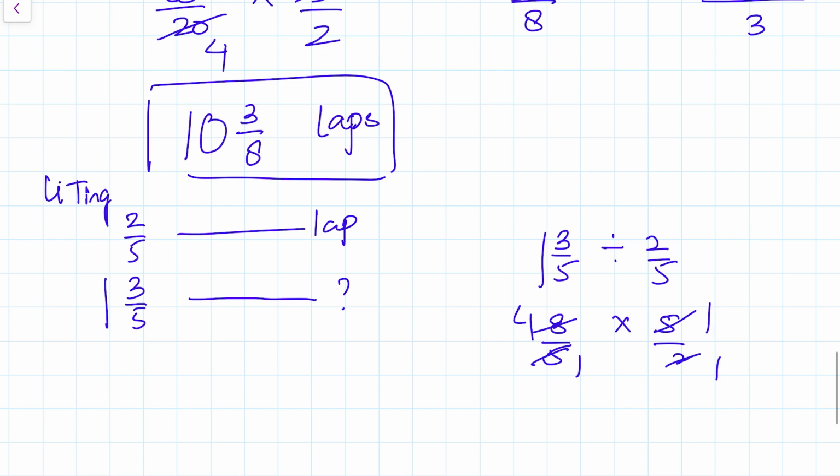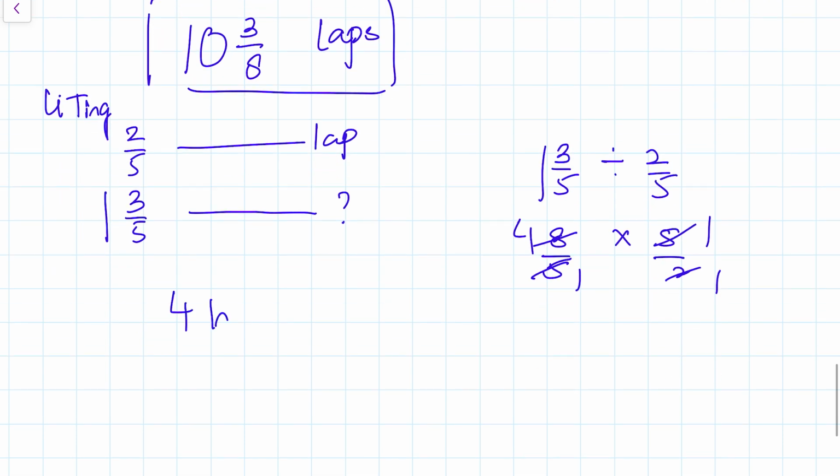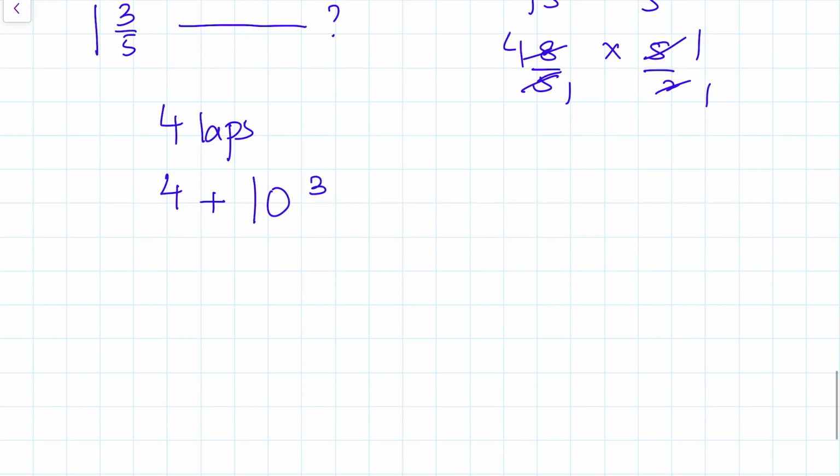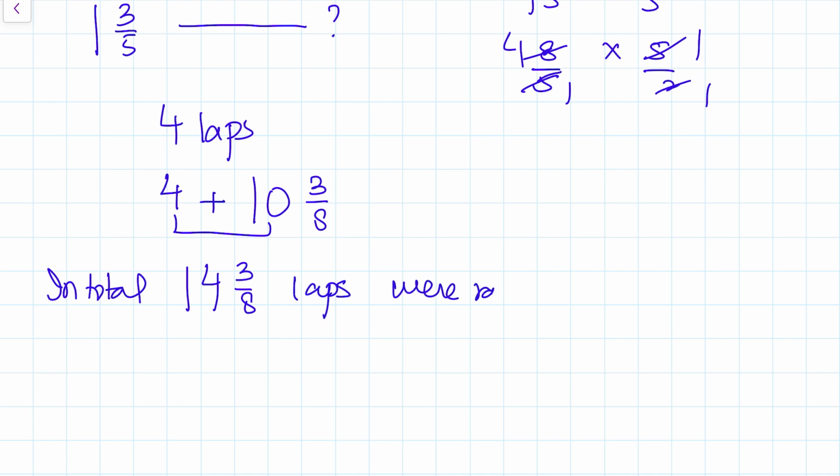So Li Ting ran 4 laps. 4 plus 10 whole 3/8. 4 plus 10 is 14, 3/8. So in total, 14 3/8 laps were run by Li Ting and her brother.